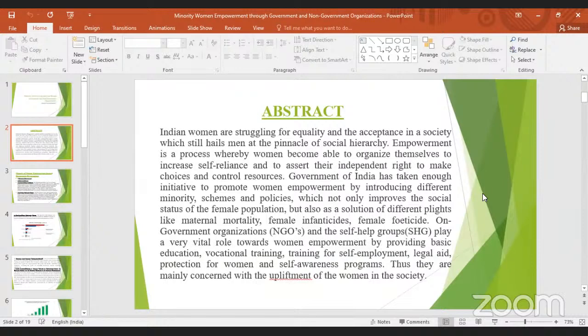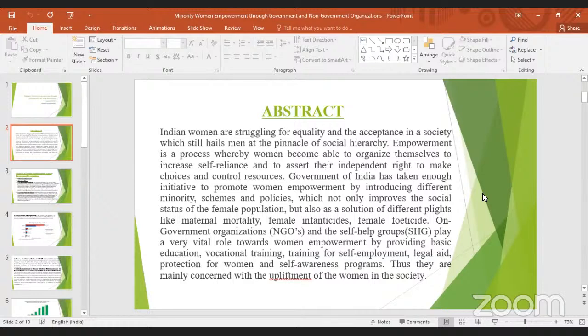When I talk about the research side, many other researchers have also done some sort of research on the same topic, minority women empowerment. So a lot of research has been conducted in the field of government and non-government organizations.